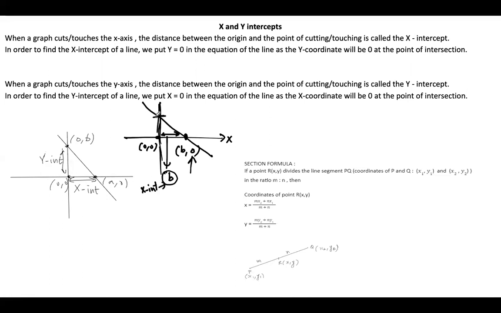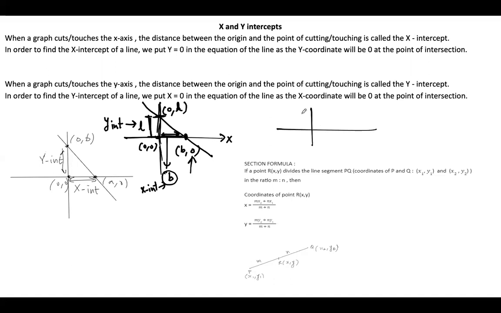Similarly, this line is cutting the y-axis here, wherein the x coordinate is 0 and the y coordinate is, let's say, L. This distance from the origin, which is L, is called the y-intercept.